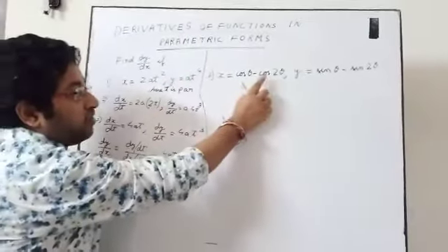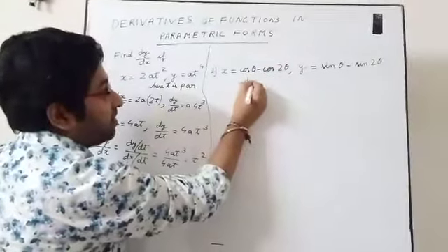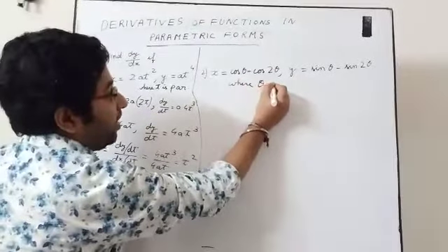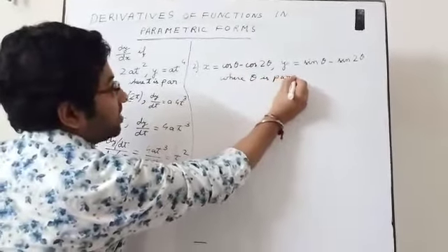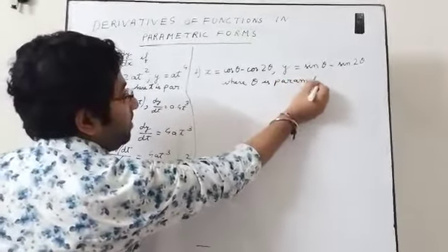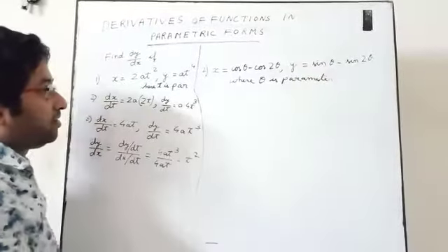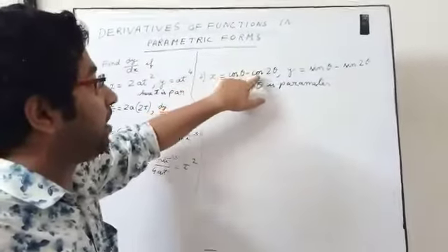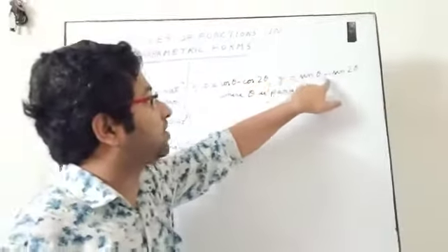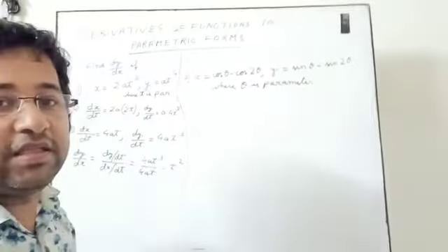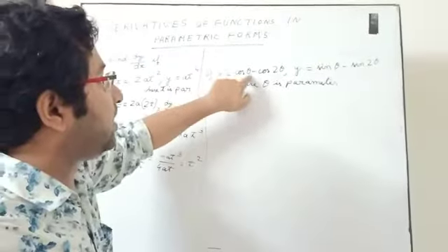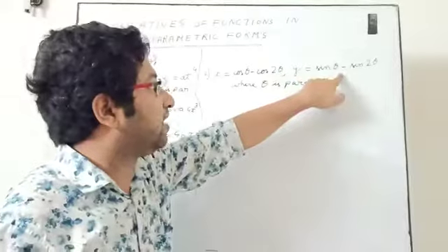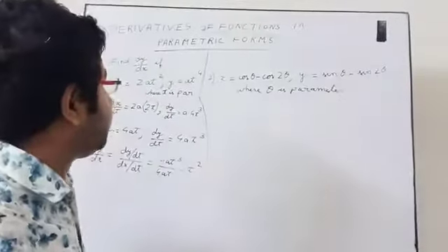In this question, which is the parameter? Theta is the parameter. The rest all of them are constant. Is it clear? This part: x equals cos theta minus cos twice theta, y equals sin theta minus sin twice theta. x is dependent on theta and y is dependent on theta, so theta is the parameter.